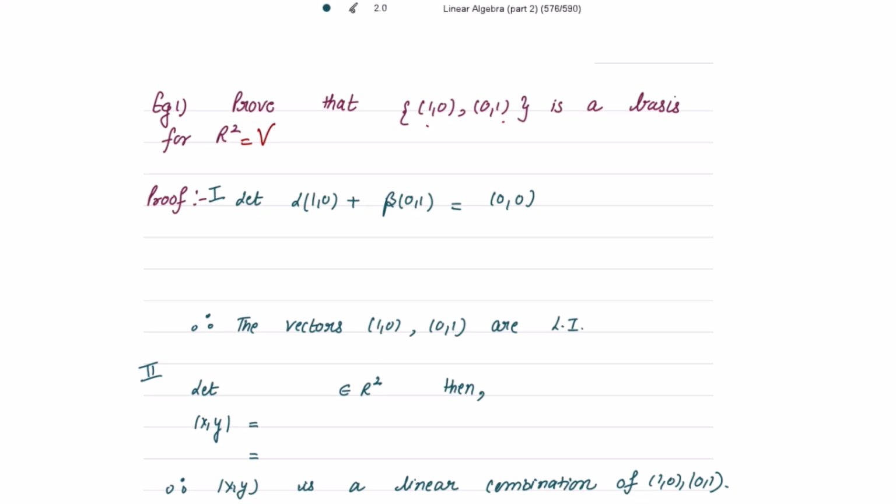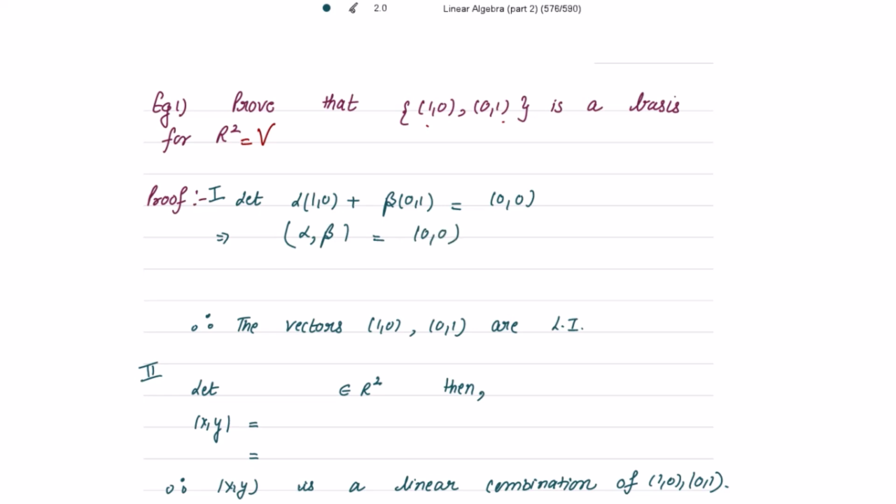Now to show that for this identity, all the scalars are equal to 0, then only we can say that (1,0) and (0,1) are linearly independent. So this implies, if I multiply, I will get (alpha, beta) equal to (0,0).